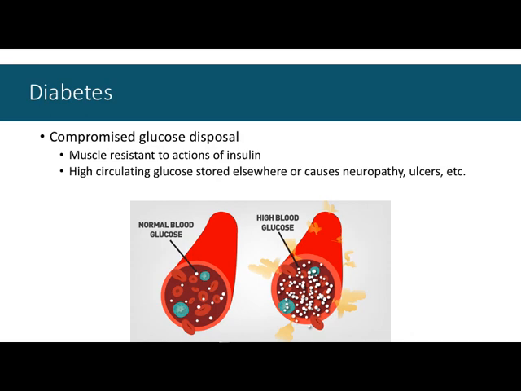We need to do that because free glucose is actually quite damaging to the epithelium, to peripheral nerves, and that's why neuropathy, ulcers, etc. are large consequences of severely progressed diabetes.